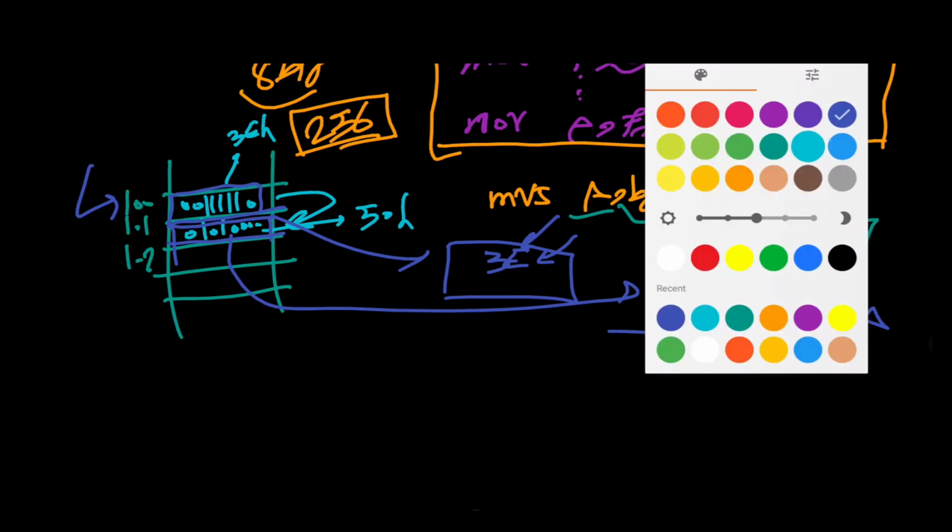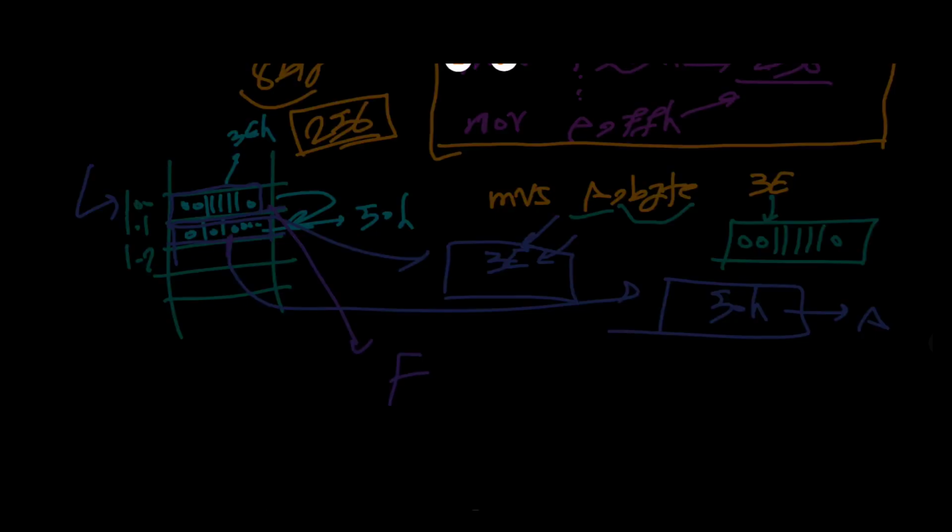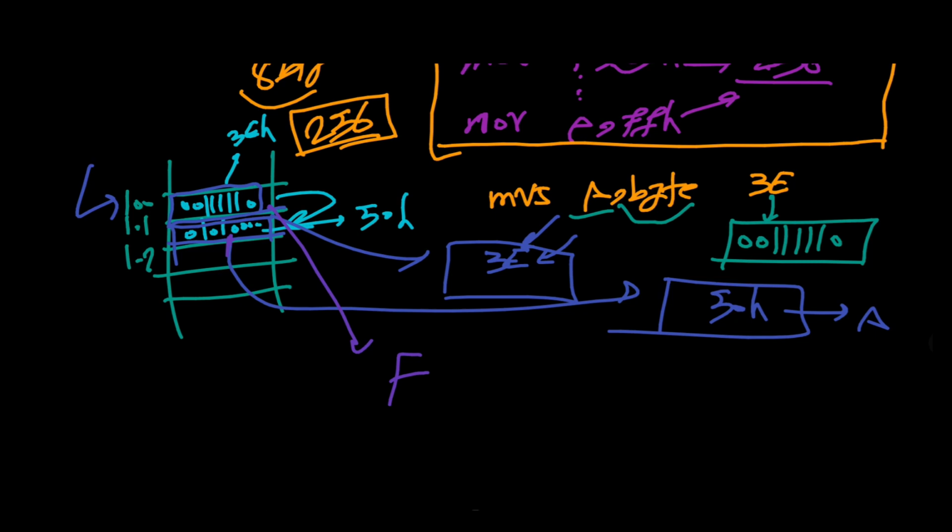Now, if I just ask you to tell me the steps that the CPU has to take in order to execute this instruction, you would say, well, first of all, the CPU did some fetching. After that, it just read a value from the next memory cell into the A register.